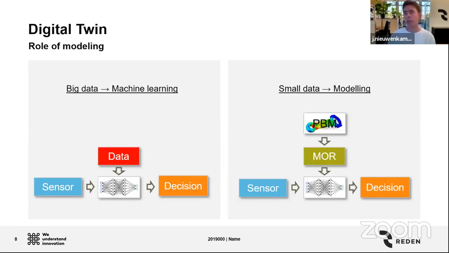So then, if we talk about digital twins, many people refer to neural networks and big data. But actually, there are not that many applications where big data is available, especially when you start a design, there's no data available at all. And in other cases, acquiring big data is very difficult.